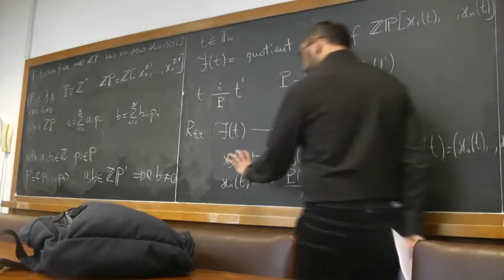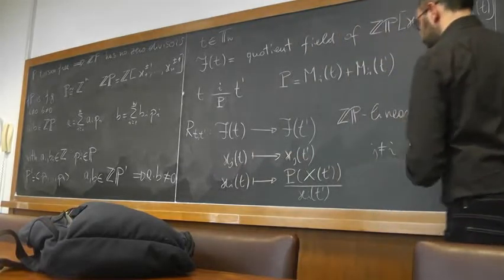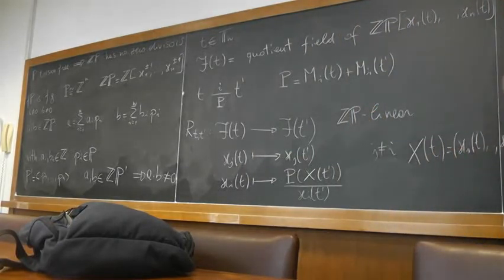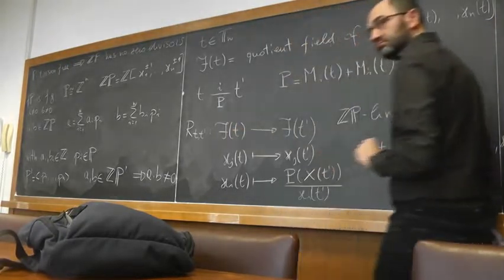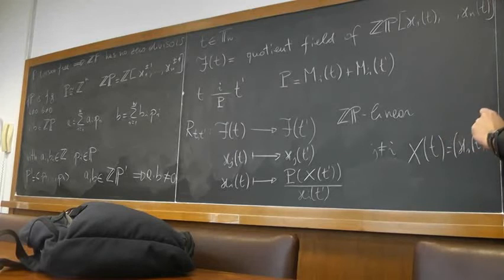So I define it on the generators, and it is Z_p linear. Now these are fields, and this is actually an isomorphism of fields.